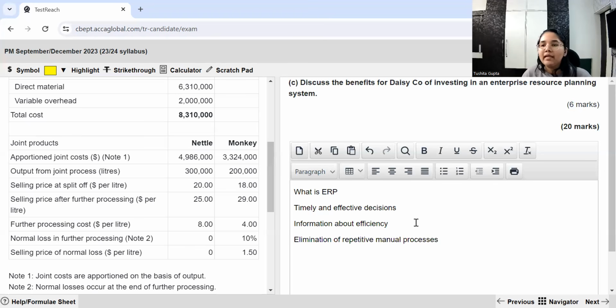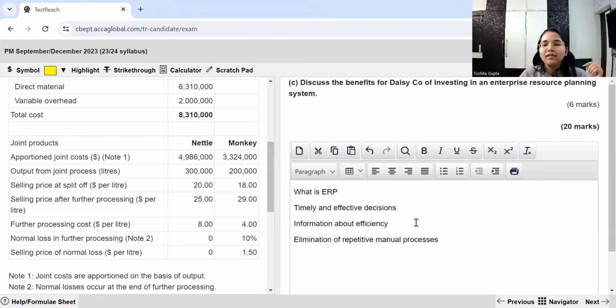For example, maintaining of spreadsheets by the accountants and everything. Even the staff can also be required to maintain some sort of spreadsheets with them. So all of this repetitive manual process will be eliminated, and it'll all be available in one place over the ERP system. So this is how Daisy company is going to benefit from investing in an ERP system.